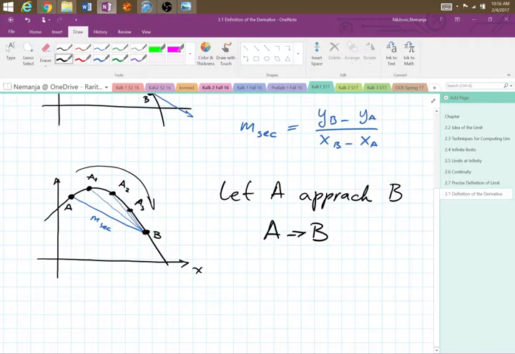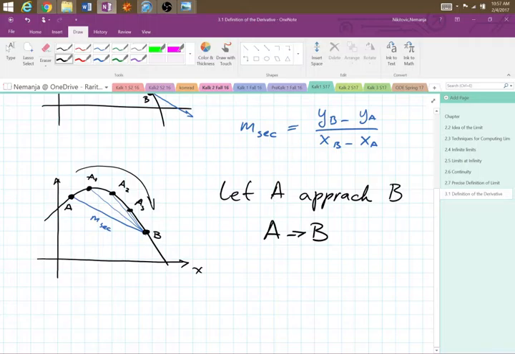And every time this point gets closer to B, the slope of the line changes. So what you see here is that the slope starts changing as soon as A starts moving towards B. Now, we have no issues using algebra, which is the formula that you can see above in blue, to actually get every one of those slopes.